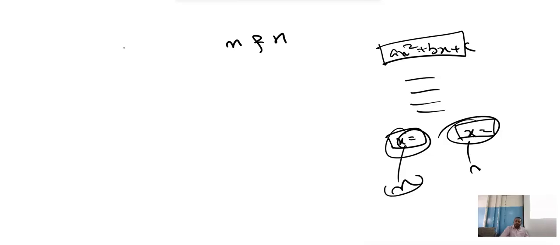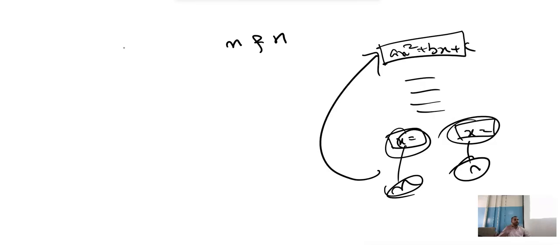It means they have given m and n and they are asking you to write this polynomial. Till now they were giving the polynomial and we were finding the zeros. Now in this case, they have given the zeros and they are asking you to frame the polynomial. This is the question and this is the answer. Till now if they give the question, we write the answer. But now they have given the answer, and they are asking you to frame the question.